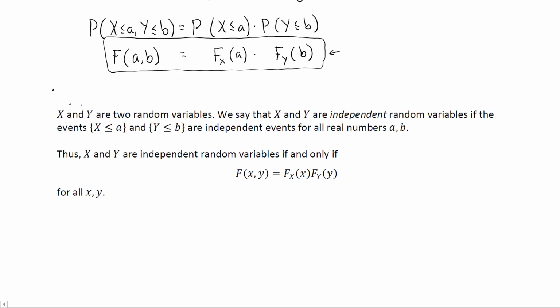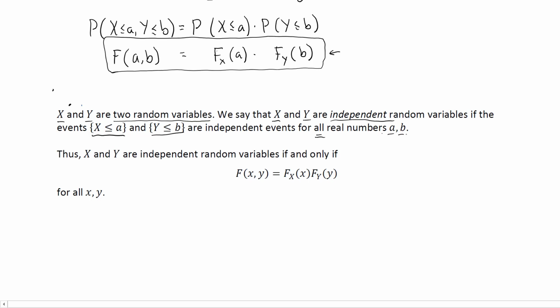So let's summarize this. X and Y are two random variables. Doesn't make any difference if they're continuous, discrete, or whatever. We're going to call them independent random variables if this event, which we call uppercase A, and this event, which we call uppercase B, are independent events for all real numbers a and b.